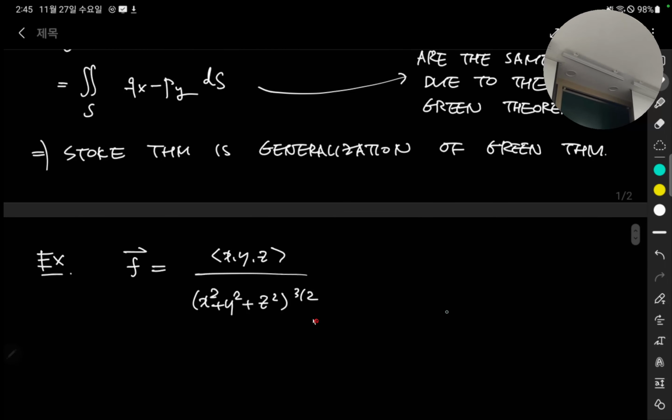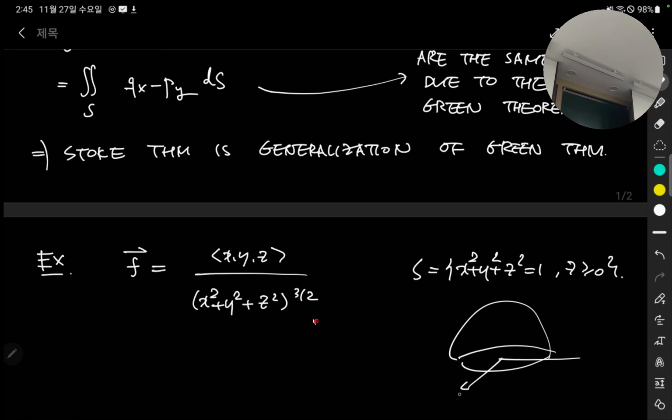And let's see, I have a surface given by the sphere on the upper half part. So it's that positive part, the half sphere sitting on top of the xy plane.